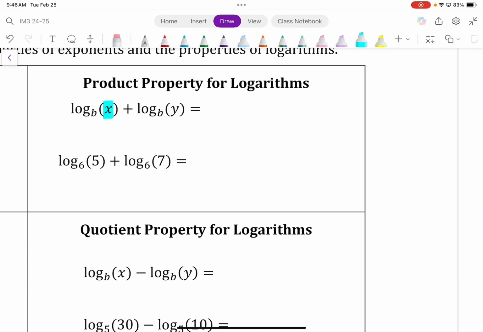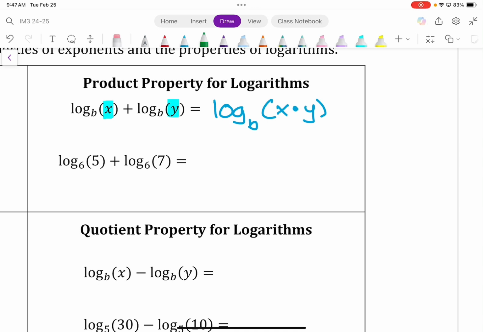And when I say inputs, I'm referring to what's inside of the parentheses. So log base b of x plus log base b of y is the same as log base b of x times y.